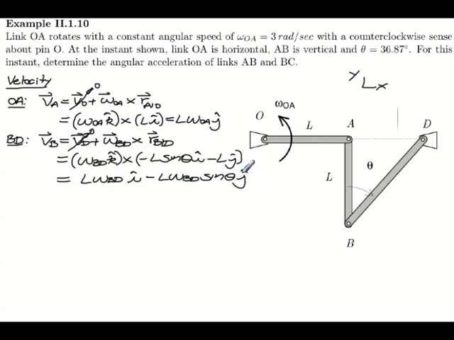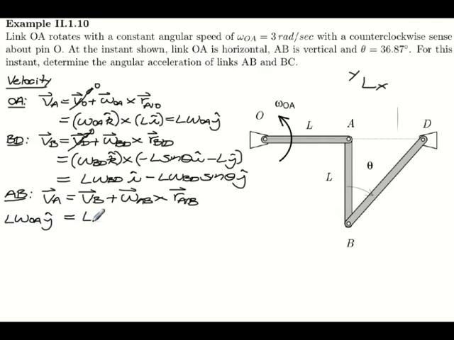Now we want to link those two links together with our coupler AB and say that the velocity of A is equal to the velocity of B plus angular velocity of AB crossed with the vector which extends from B to A. For velocity of A, we have L omega OA j, coming from our kinematics for link OA.